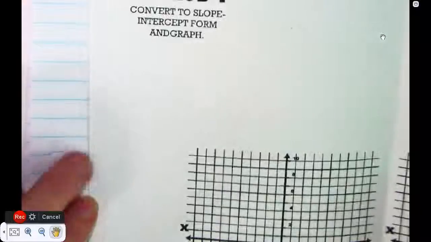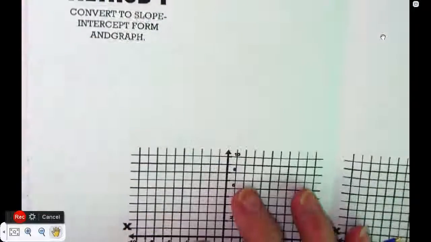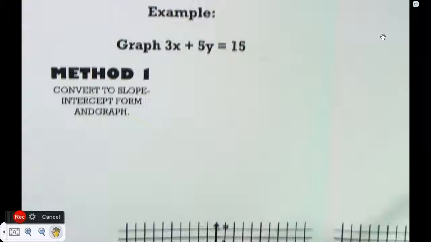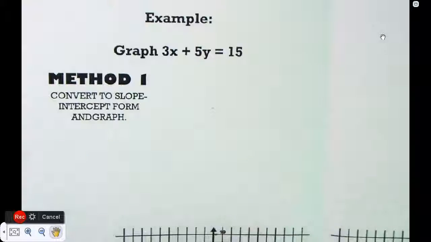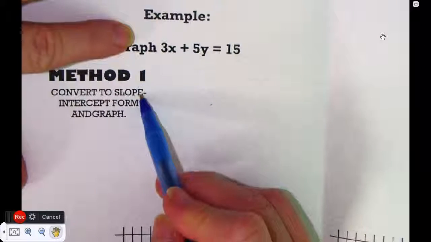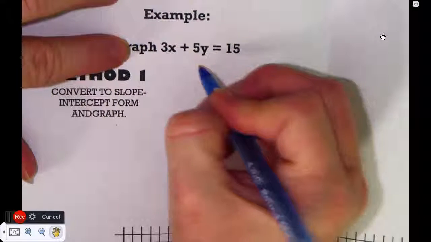Okay. So let's come over here and do 2 examples. Okay, we have this. Now, method 1, we're going to convert to the slope-intercept form. So I'm going to do what?